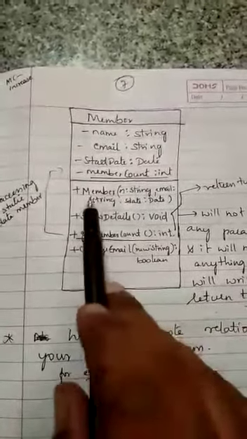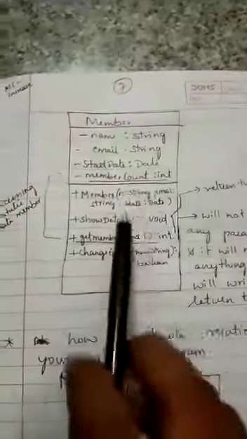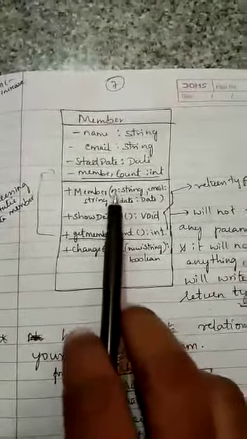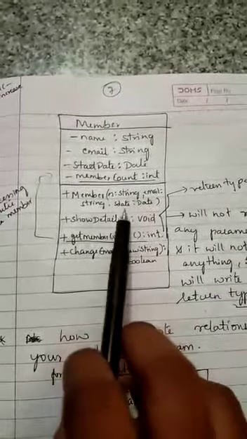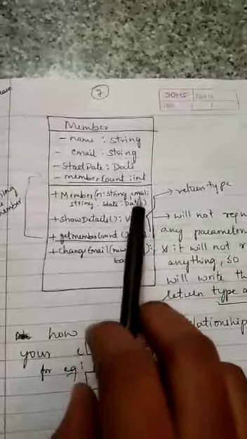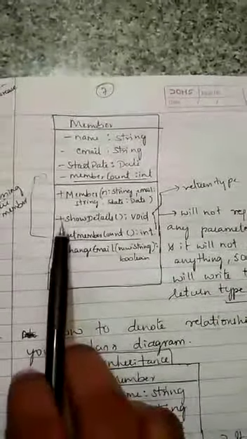So first is the constructor. The constructor name and class name are the same, and it takes parameters: name is string, email is string, starting date is date. There is no return type.